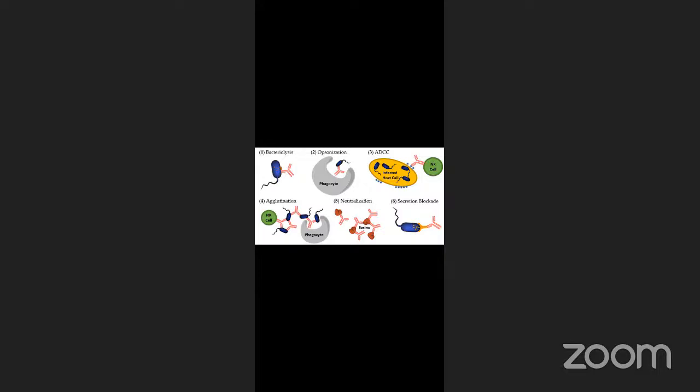In this immune response, antibodies play a major role in attracting or killing different types of pathogens, especially bacteria. Agglutination is another mechanism to kill bacterial organisms. Then there is neutralization of toxins.